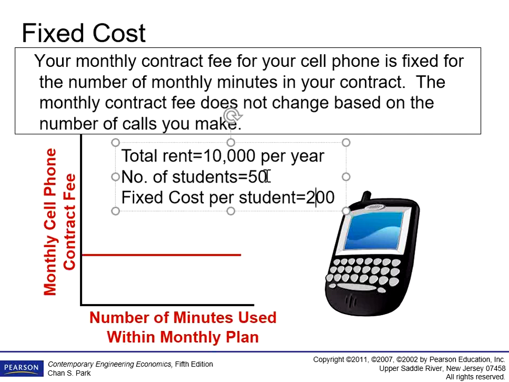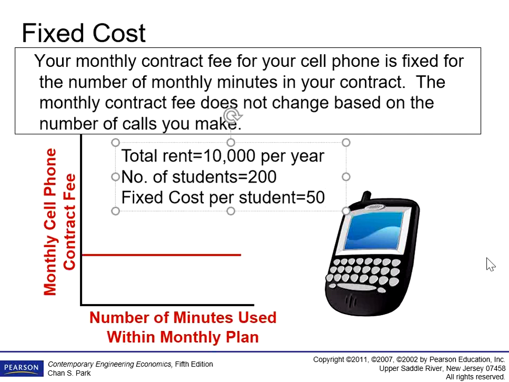What if, instead of 50, I have 200 students? In that case, what will be the fixed cost per unit? It is 50.